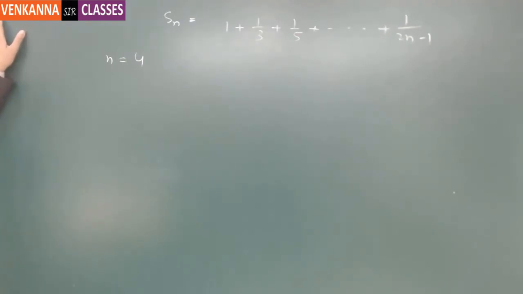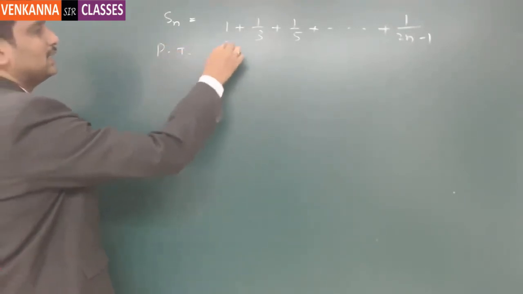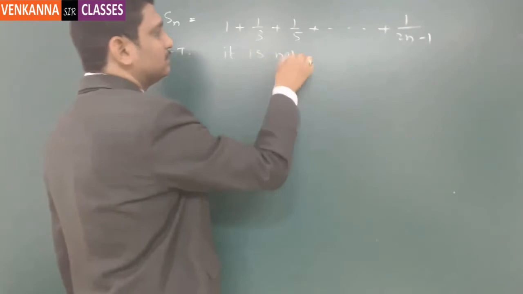Accepted? So if you take n equal to 9, it will be up to 17: 1 plus 1 by 3 plus 1 by 5 plus so on plus 1 by 17. So that is the type of the sequence that is given there. Now, the question itself says prove that it is not convergent.